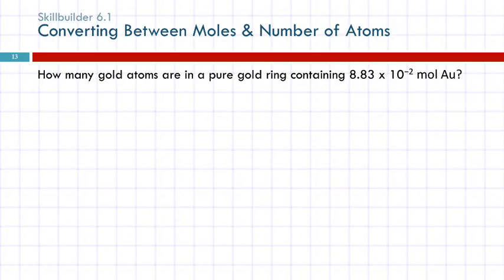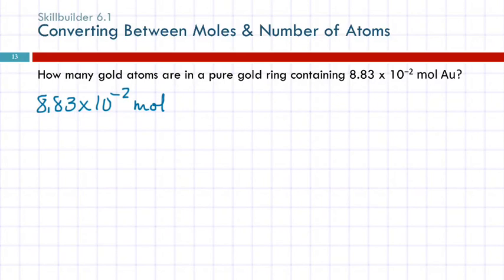So how many gold atoms are in a pure gold ring that has 8.83 times 10 to the minus 2 moles of gold? Well, I only have one number, so that has to be what I'm starting with. So 8.83 times 10 to the minus 2 moles.